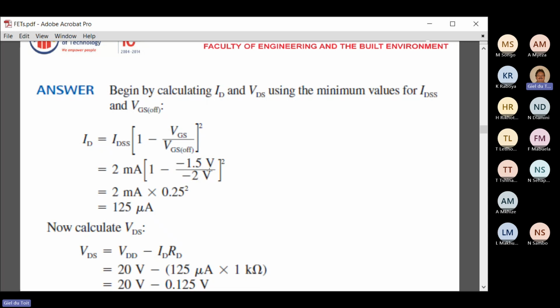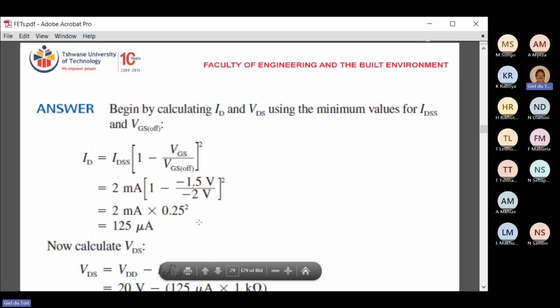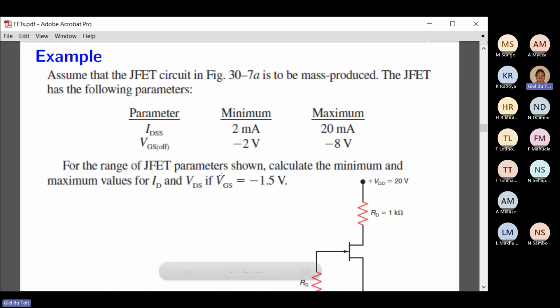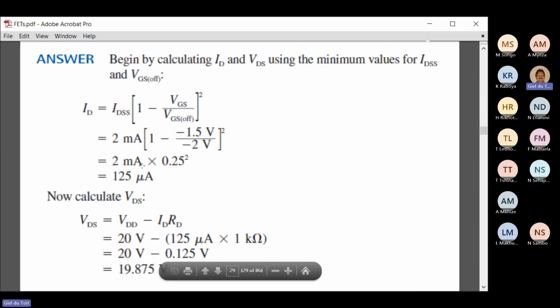And then we can calculate it. Now the new drain current will be 125 microamp. The same will happen for the maximum current case, which was 20 milliamp. We can do the same calculation, and then we get 19.87 volt over the drain source output. So these two formulas are used in the case where the gate source voltage is minus 1.5 volt. Then we use this formula to calculate the final values.